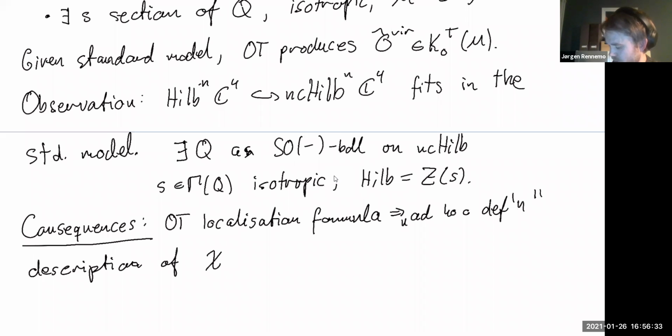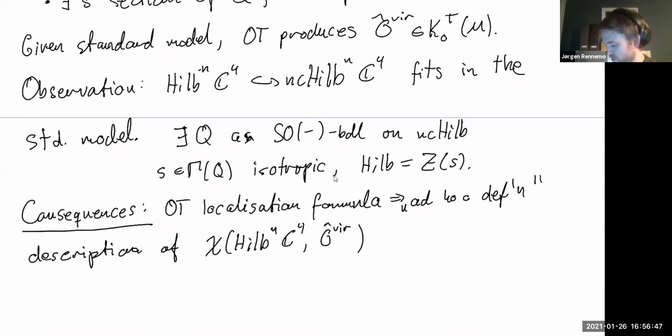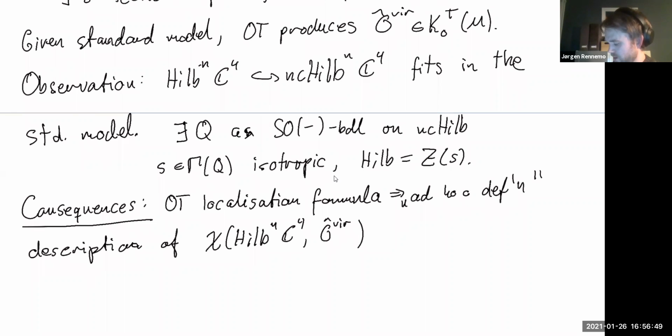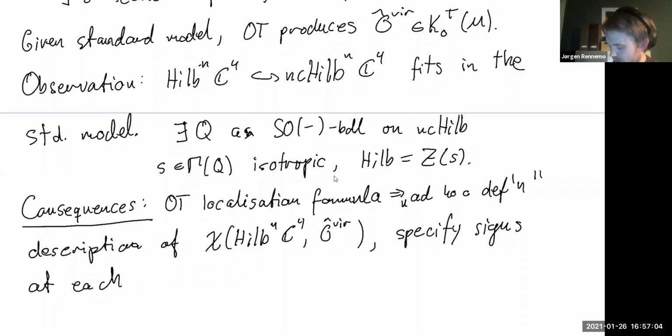So that turns now into a theorem, but not only that, the localization formula is a formula, so it doesn't leave anything ambiguous. We also specify the sign at each fixed point.